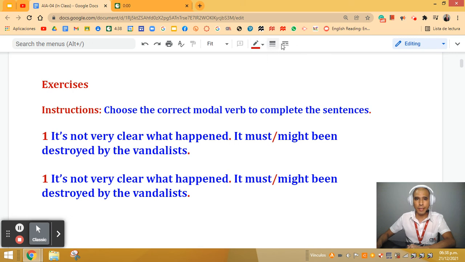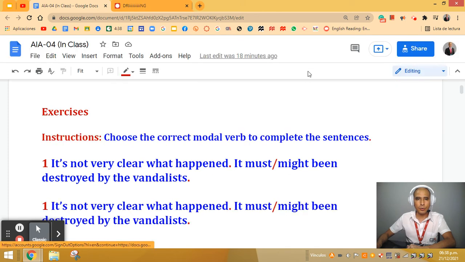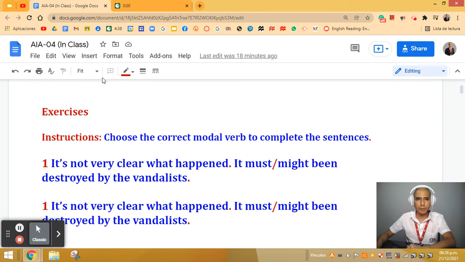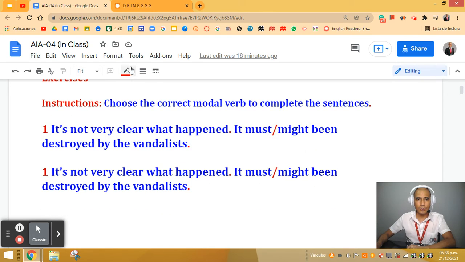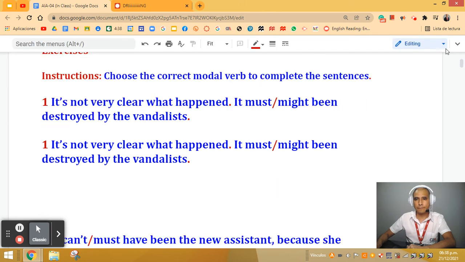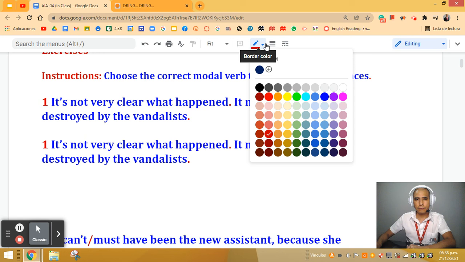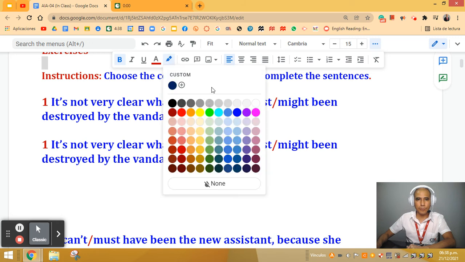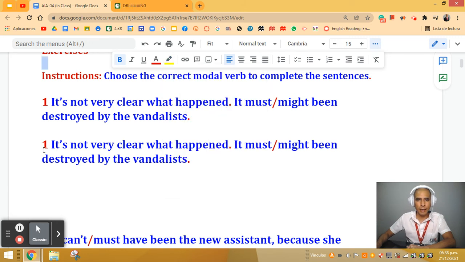So what I'm going to do in this case is the following. Okay, here it is. So I'm going to highlight these words. It's not very clear.